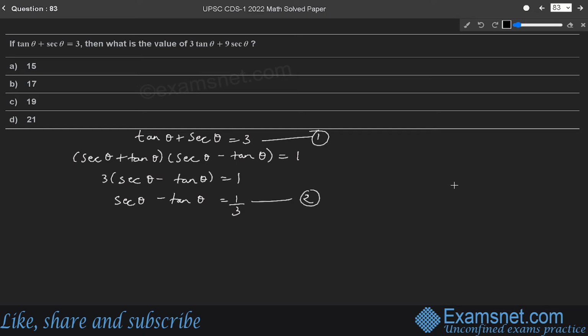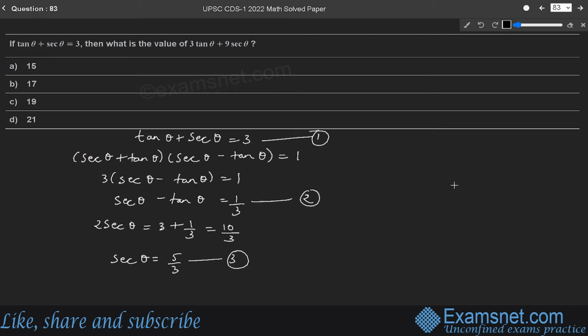Now on adding the first and second equation, we will get 2 sec theta is equal to 3 plus 1 by 3, which is equal to 10 by 3. So sec theta will be equal to 5 upon 3. Let this be equation number 3.